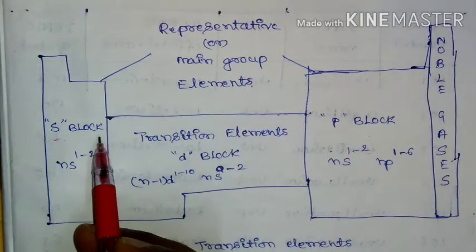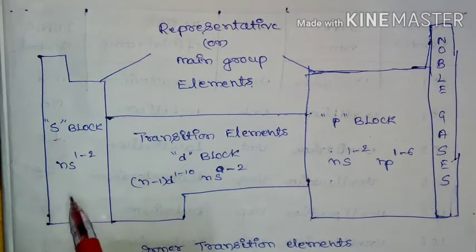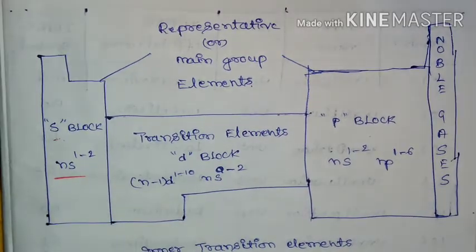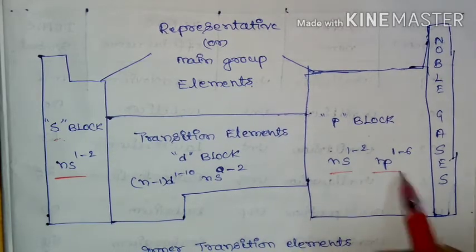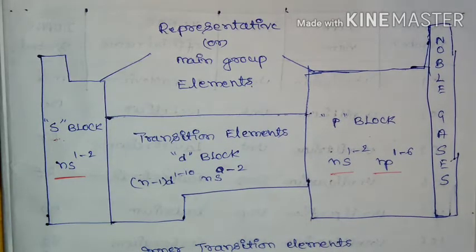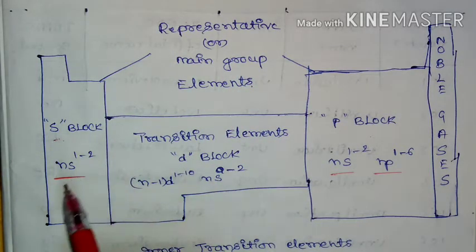And if you come for the electronic configuration of s block element, it is ns 1 to 2, and if you come for the p block elements, it is ns 2, np 1 to 6. So this is the electronic configuration for representative or main group element, that is ns 1 to 2, ns 2 np 1 to 6.